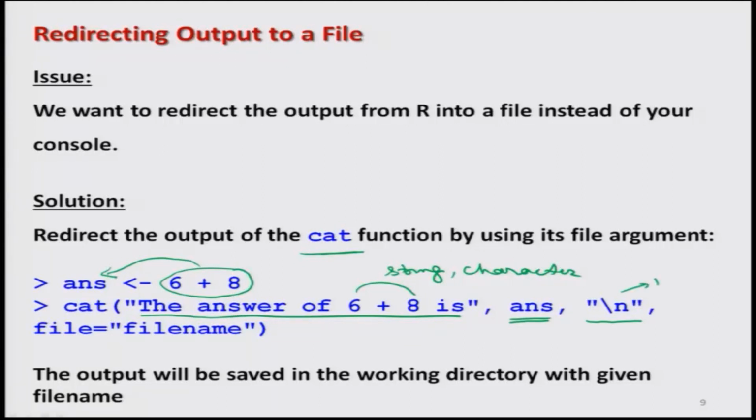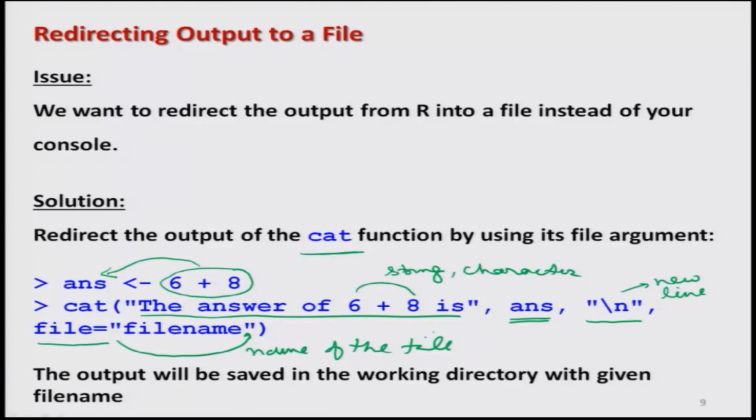So, this is indicating a change of line, that is new line, and after that we have to write file equal to, and then inside the double quotes I have to give the name of the file in which I want to store the outcome of the program.